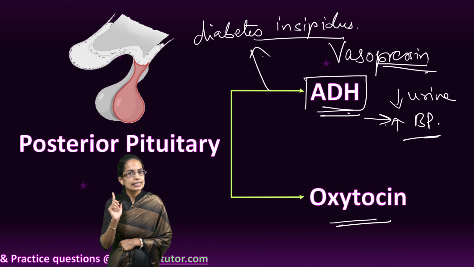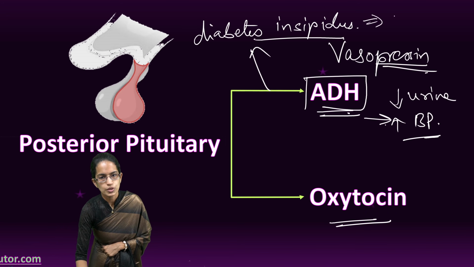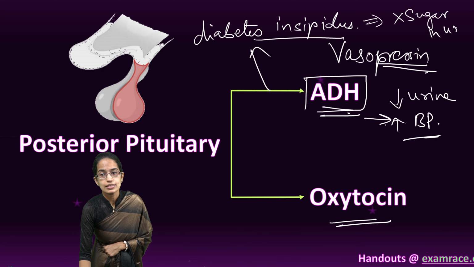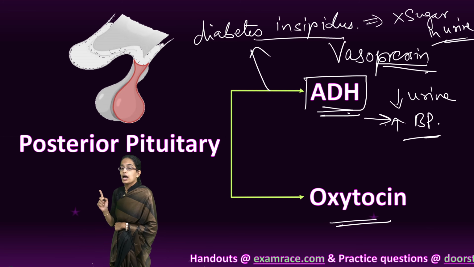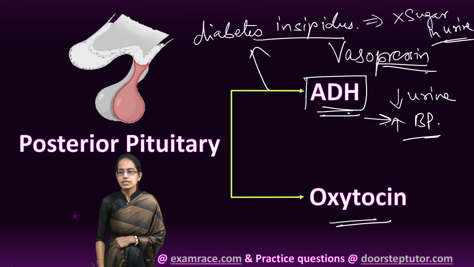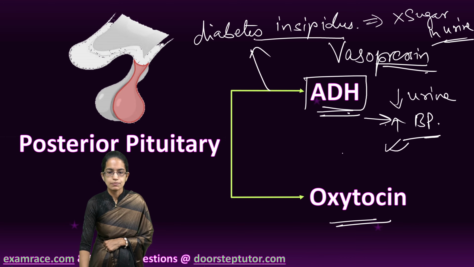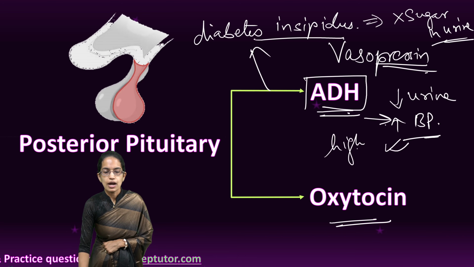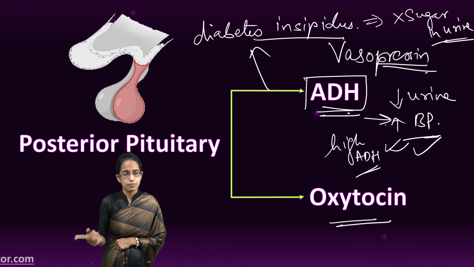In diabetes insipidus, no sugar is present in urine. So, no sugar in urine, very, very important. And this is not a condition of diabetes mellitus. Now, hypersecretion of ADH, as I mentioned, can lead to higher arterial pressure. So, if the amount of ADH is high, it would lead to higher blood pressure.